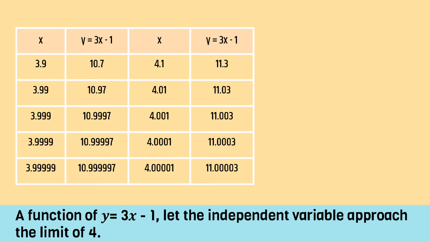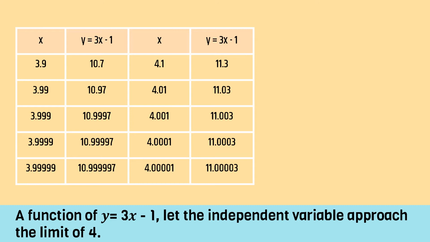While on the right side of 4, we have the values of x to be 4.1, 4.01, 4.001, and so on, with a pattern of 4 plus 1 over 10 raised to the power of n, and their corresponding y values of 11.3, 11.03, 11.003, and so on, with a pattern of 11 plus 3 over 10 to the power of n.